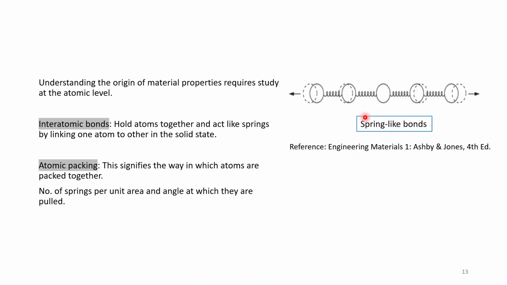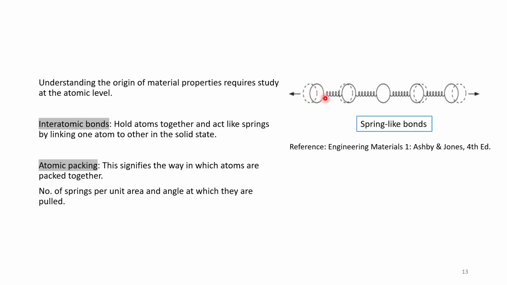Now, understanding the origin of material properties requires study at the atomic level. So first is interatomic bonds. They hold atoms together and act like springs by linking one atom to another in the solid state. As we know, when you stretch a spring, it tries to come back to an equilibrium position.